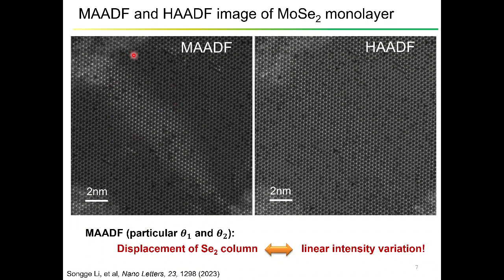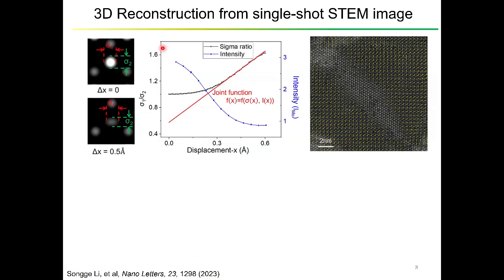Okay, so we next do the complicated math to correlate the intensity with the displacement map. So we use two parameters in one image. One is, that I previously told you, the intensity, right? The intensity will change linearly. There is a linear region versus the displacement.